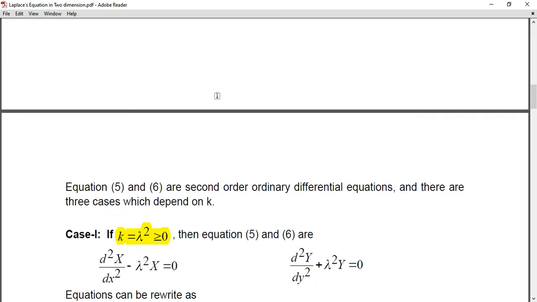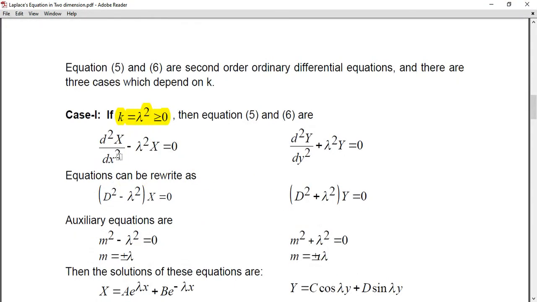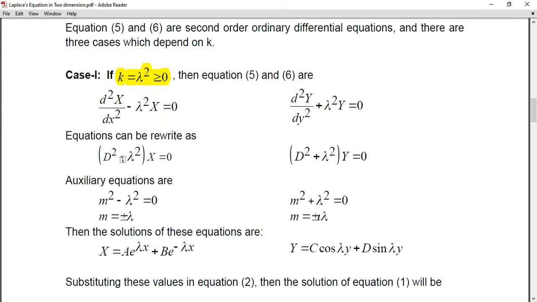Then, when we put the value of k as λ² in equations 5 and 6, we find these equations. This is a second order ordinary differential equation with constant coefficients. Because it is a homogeneous equation, we find only the CF. For the CF, we can write the equations like this. Roots are m = ±λ. Here m = ±iλ. Roots are real and distinct.